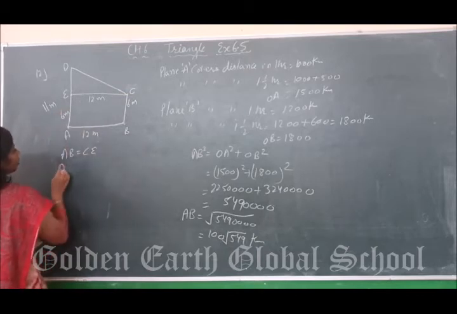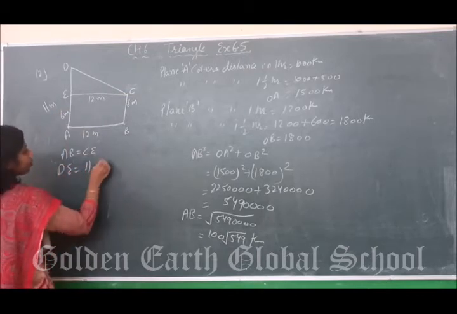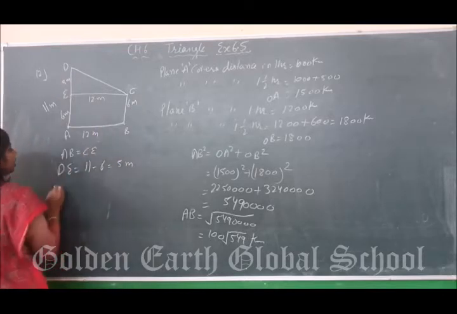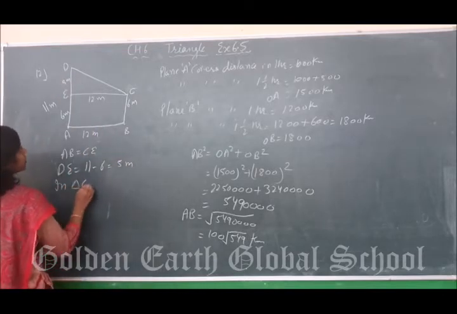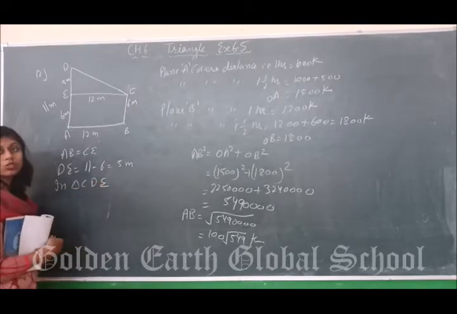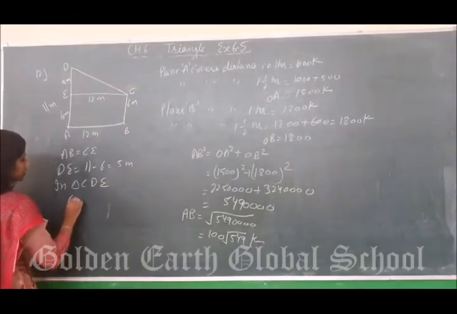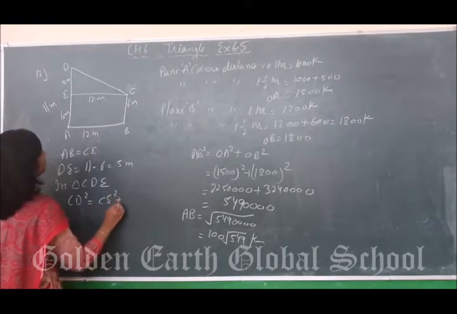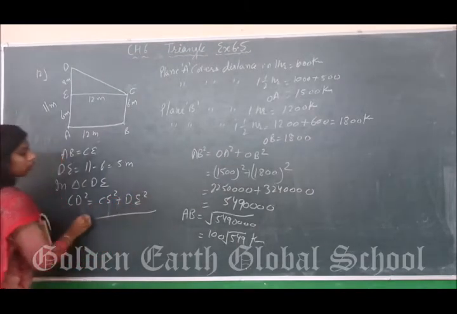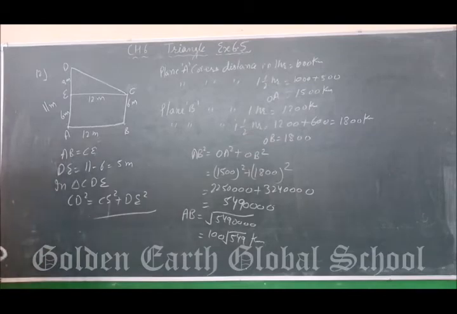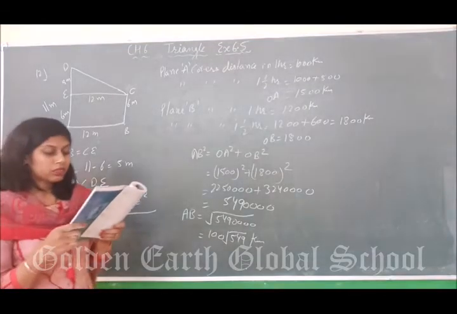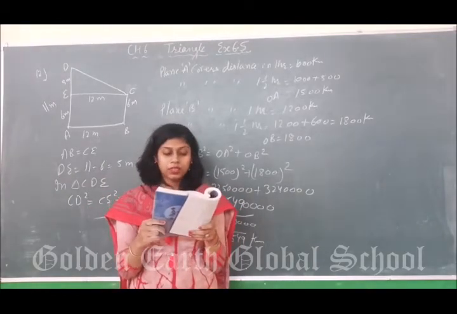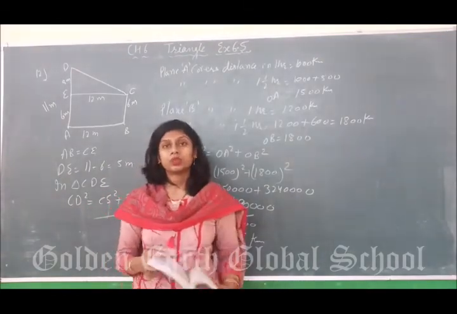According to this, DE will be 11. Solve, and you will get the distance between the tops of the poles. Clear? So this is your 12th question.